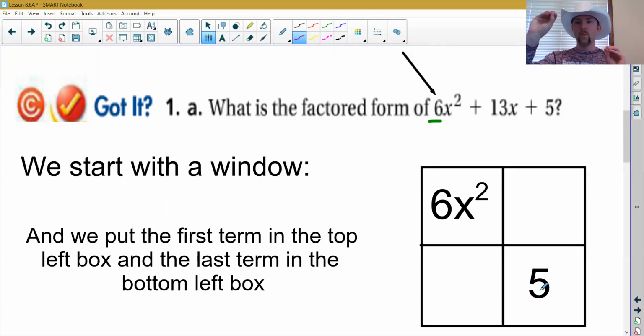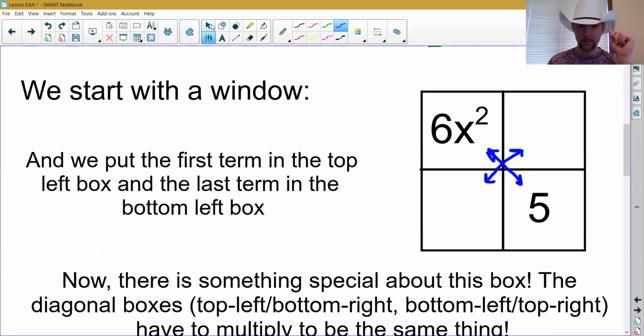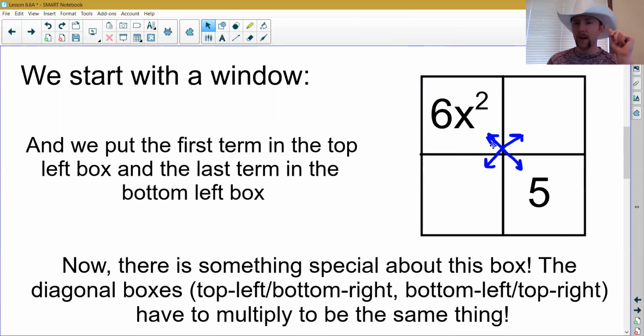Then we take those two things and multiply them together, because this box is very special. The diagonals, meaning this box multiplied by this box, has to be equal to this box multiplied by this box. We don't have anything in those two boxes yet, but we're going to shortly. So we multiply the two boxes we filled in, 6x squared times 5.